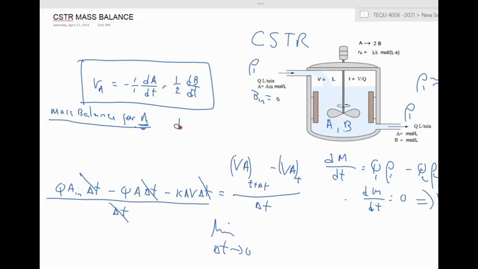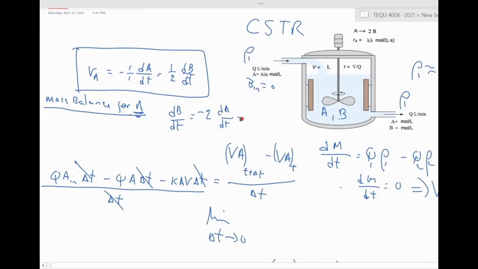For that particular case, the rate dB/dt is equal to negative dA/dt. But what is dA/dt? I know that. If I put it in terms of this, it's going to be minus minus, and that's going to be a positive 2Ka.